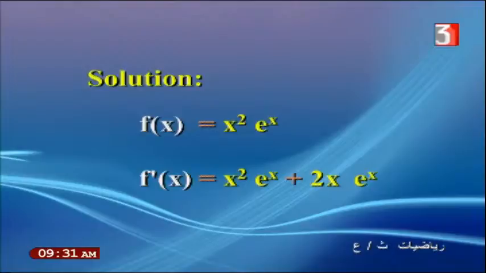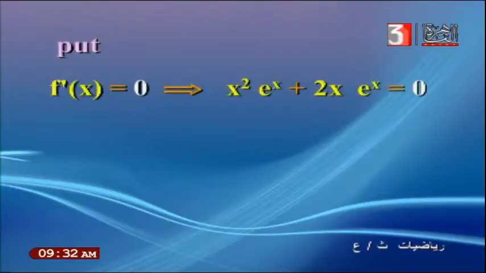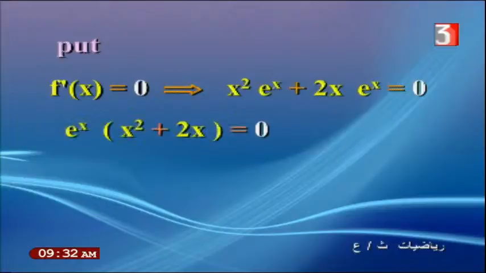Now put f dash x equals 0. Then x power 2 e power x plus 2x e power x equals 0. We can take e power x as a common factor. Then e power x multiply x power 2 plus 2x equals 0.